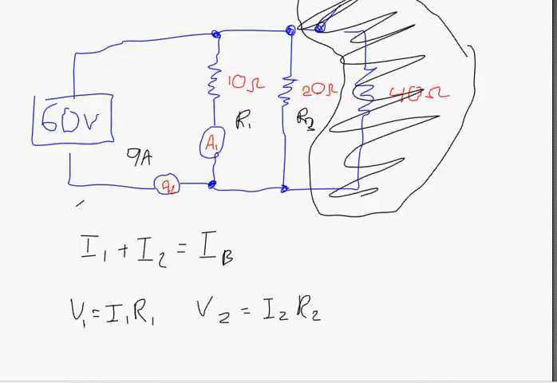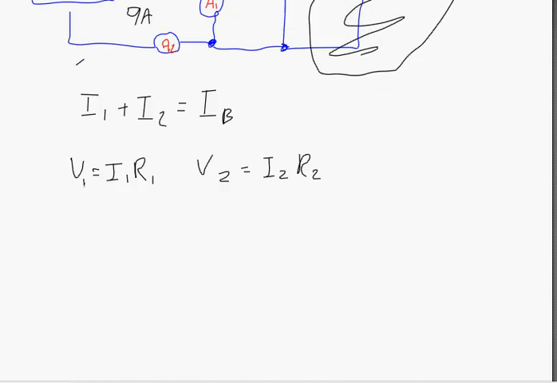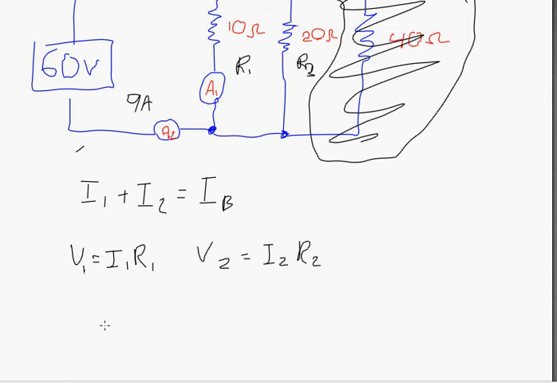Or what you could do is find your REQ. Because remember, I said one of the easiest ways to find the current through the battery is through REQ. So you could go V equals IB REQ. Now this is going to be 60 volts. I just have to get my REQ, so I'll do it over here to the side real quick. Now remember, this is a parallel circuit.